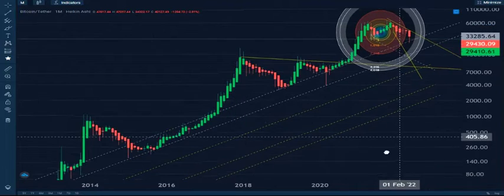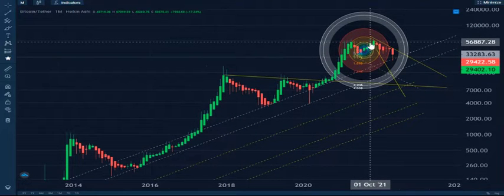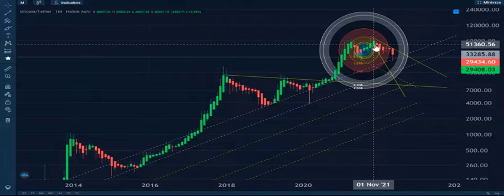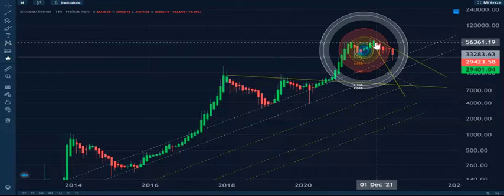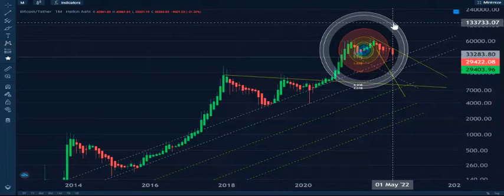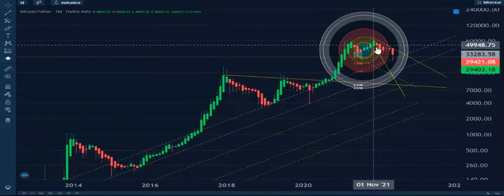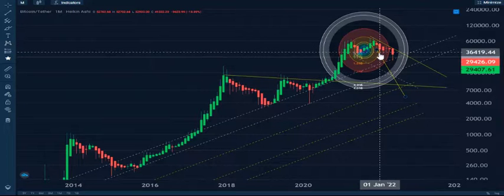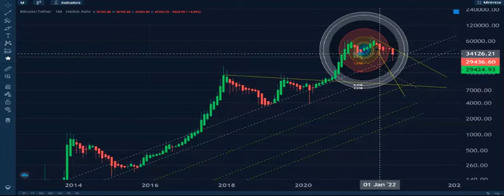This whole time, when we made a top here in November, from there the Moon Boys, organizations like Plan B, and all the whales and news outlets were telling you that Bitcoin was going to $1 million, and that every time we made a bottom, the Moon Boys were shouting so loud that you should buy and that this was the last time. Same with Plan B. And what happened?